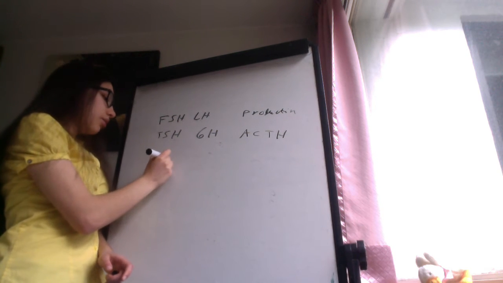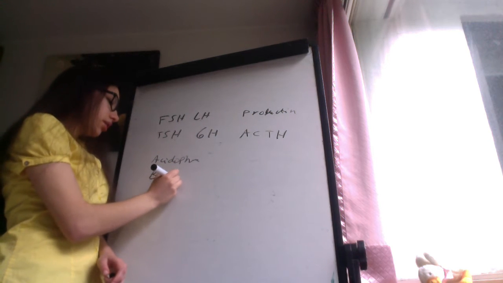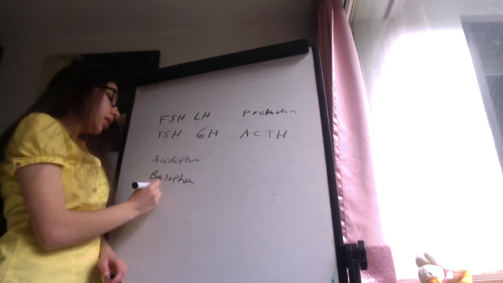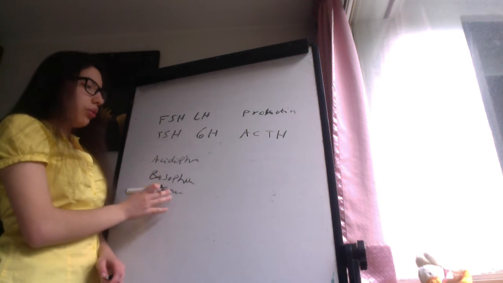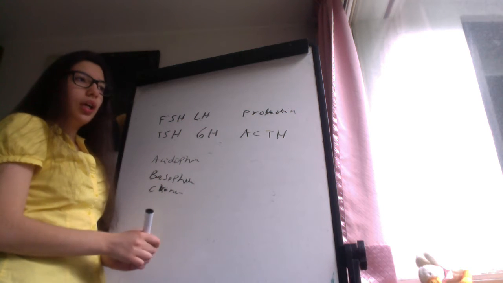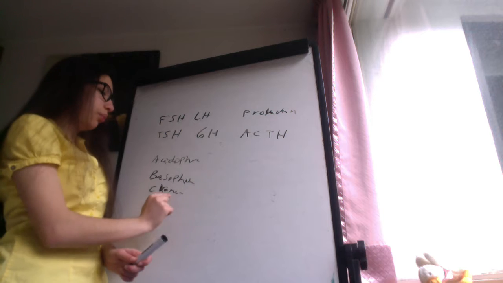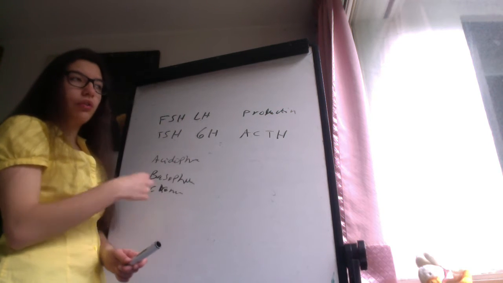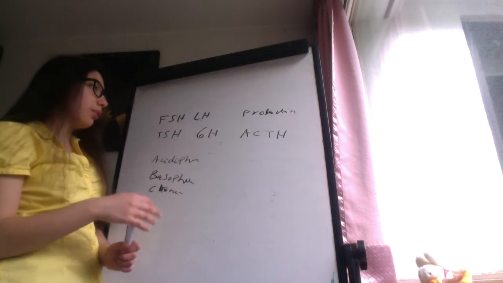These are acidophils cells, basophilic cells, and chromophores. The chromophores do not contain any granule, at least not at the beginning, because this stains orange and this purple. These have no color until they release some secretory granules, in which case they will become acidophils or basophils.